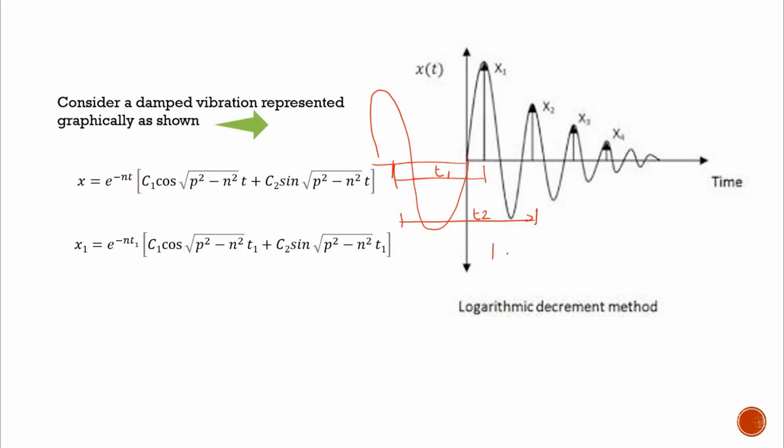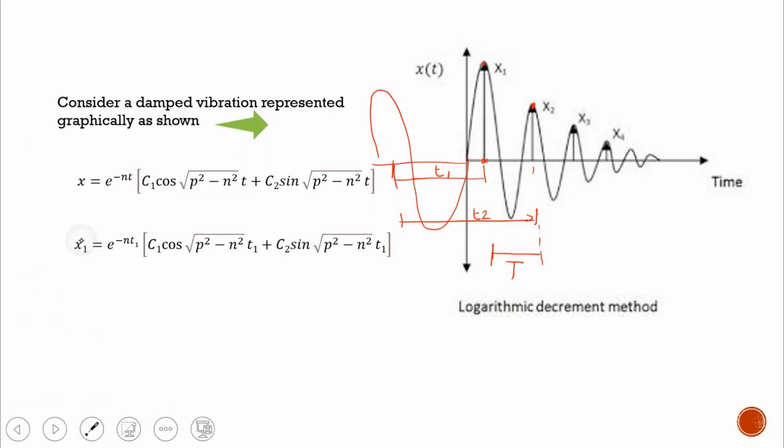Time period is the time required to complete one full cycle, or the time required to go from this point to this point to this point. So the time required for the vibration to go from this point to this point is known as capital T, or the time period.